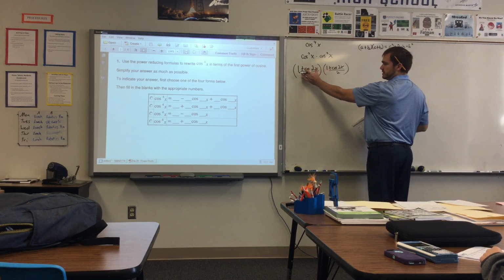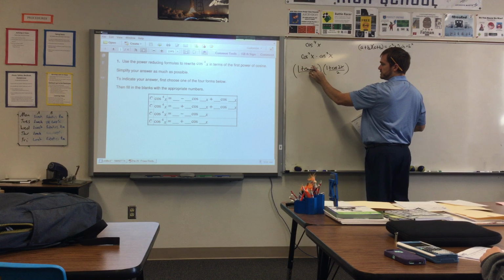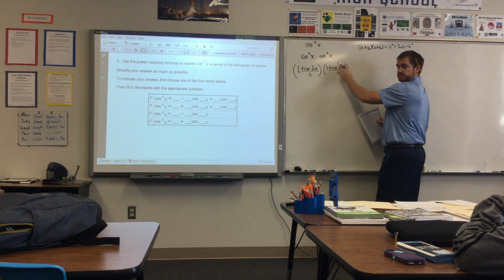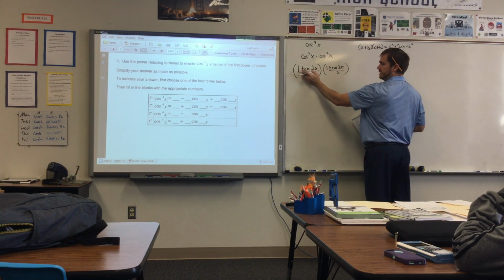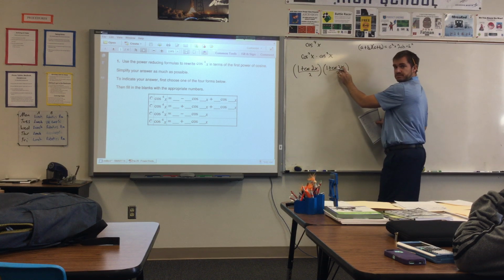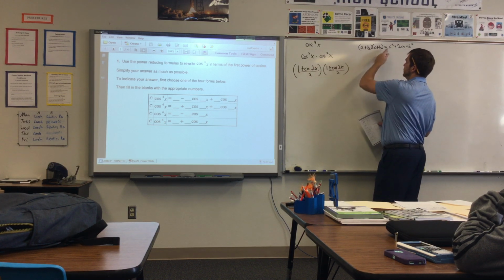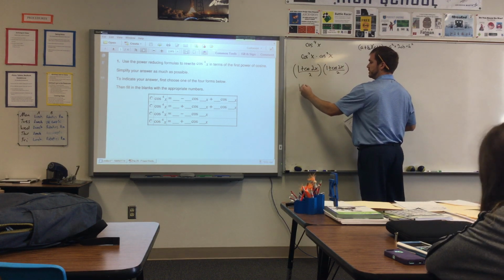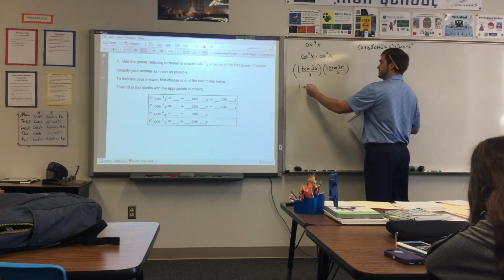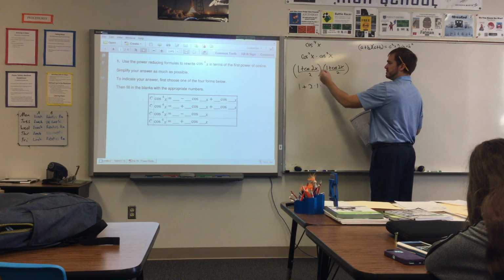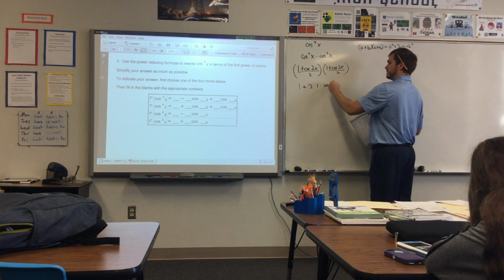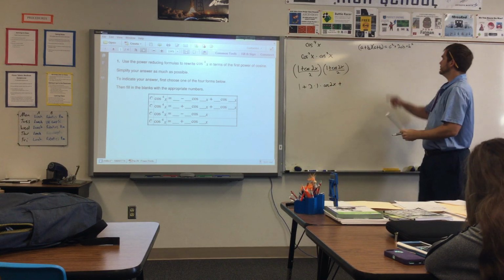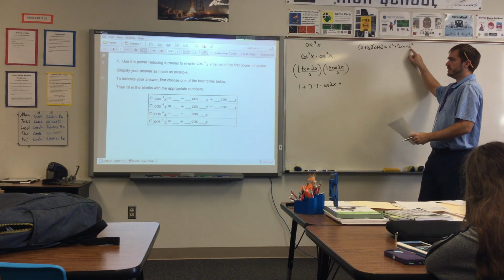So, look, do you see the numerators here, DeMarcus? Do you see how it's a plus b, a plus b? Look at the numerator. A plus b, a plus b. So, first thing squared, 1 squared is 1. Plus 2 times the first thing times the second thing. Plus the second thing squared.